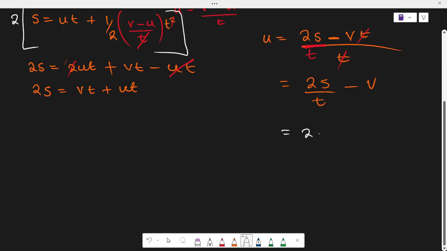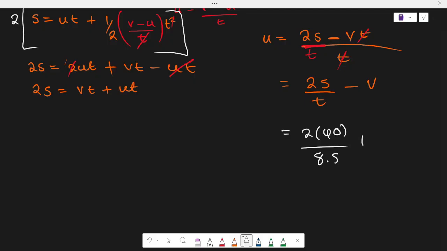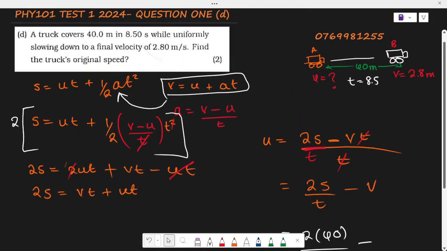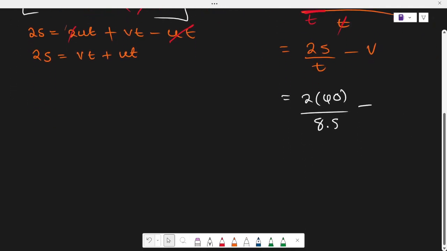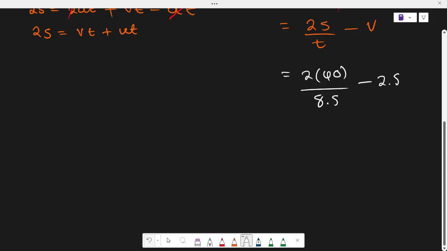Replacing in this the values that we have, we know that s is equal to 40, our t is equal to 8.5, minus our v, which is the velocity at point B, is equal to 2.8 meters per second.